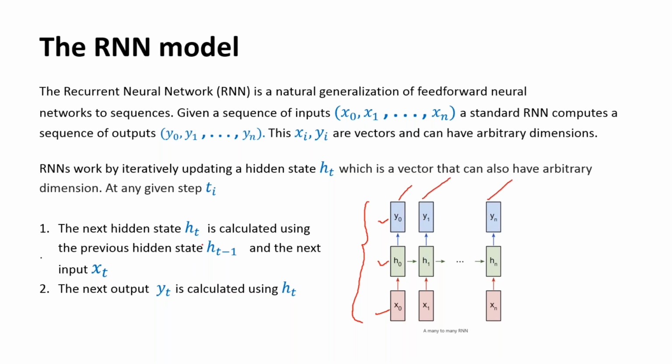The next hidden state ht is calculated using the previous hidden state, that's one thing we need to understand. These hidden states are calculated based on what we sent before, the present state. I was giving you an analogy of how we humans understand things: what happened in the past, based on that we determine the present, right?